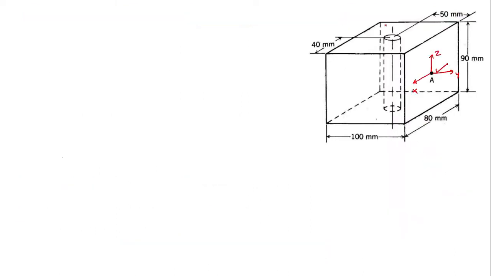So as such, I shall take the moment of inertia of this entire solid block and then minus the moment of inertia of this cylindrical section that is removed from this block. So I need to know the mass of the entire block as well as the mass of this cylinder.